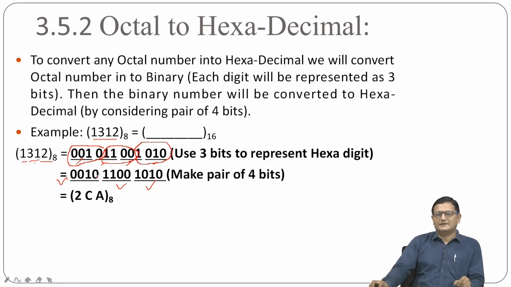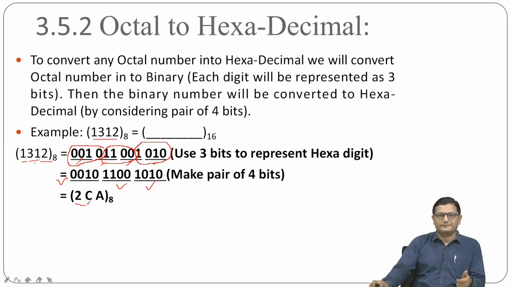Now, what will this represent? 1 is not there, but 2 is there, 4 is not there, 8 is not there. So, it is 2, okay. Now, 1 is not there, 2 is not there, 4 and 8 are there, 8 plus 4 makes 12. How can we represent 12 in hexa?